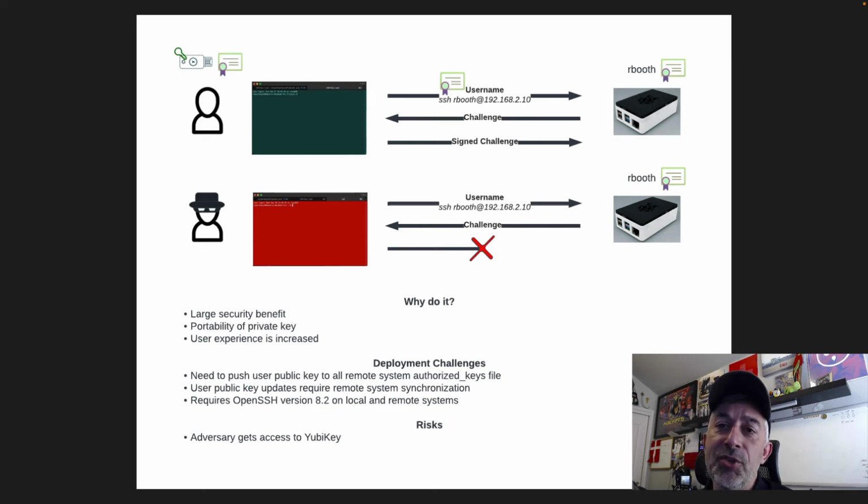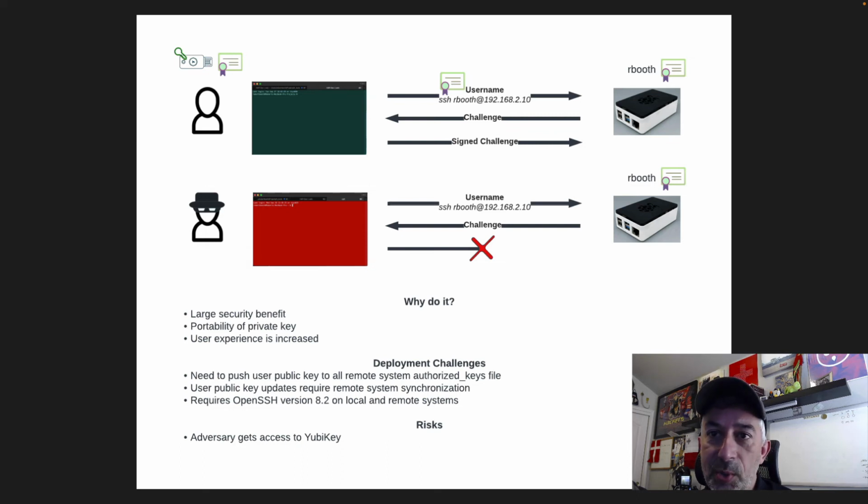And the biggest challenge that most large organizations are going to have with this today is that it does require OpenSSH version 8.2 or newer on the local and the remote machine. So this might be a blocker, but I would encourage you to move as fast as you can to 8.2.